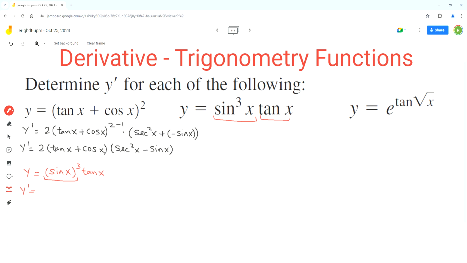Using the power rule, we move the exponent 3 to the front and subtract 1 from 3, times the derivative of the inner function, sine x, and the derivative of sine x is cos x.